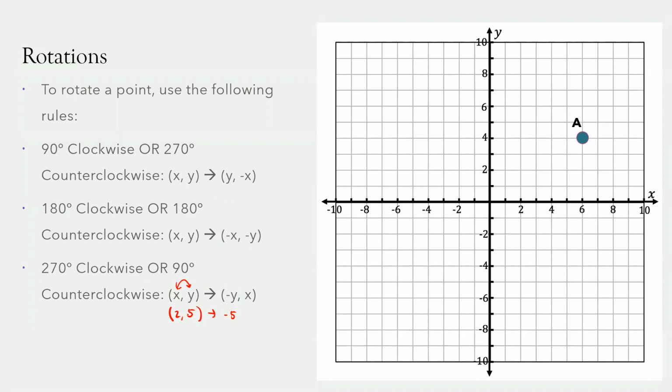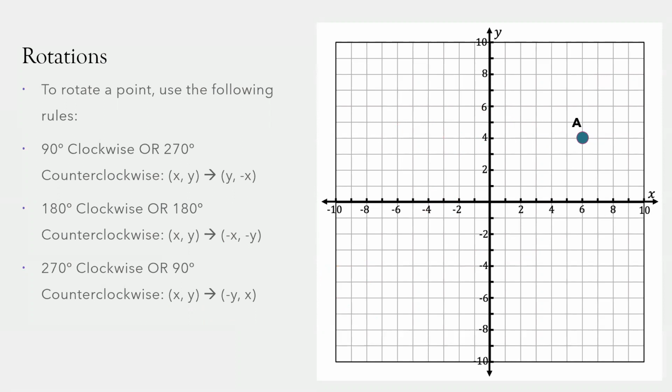So we flipped these and we made this one negative, comma 2. So again, 2 comma 5, that'd be right here. For rotating it 270 degrees clockwise, or 90 degrees counterclockwise, it's going to go to the point negative 5 comma 2, which is right here. So these are the 3 rules we're going to use for rotations.